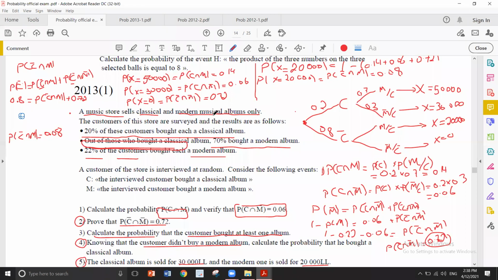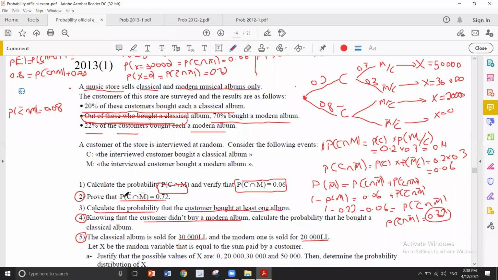Which part? Part 3. The customer bought at least one album.